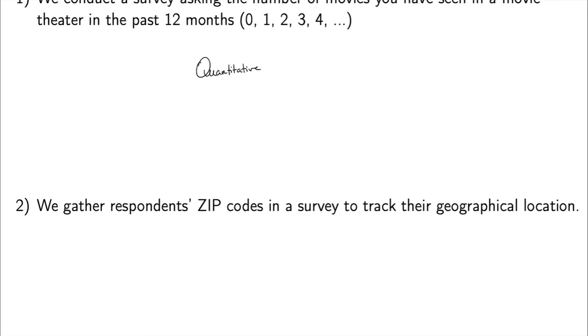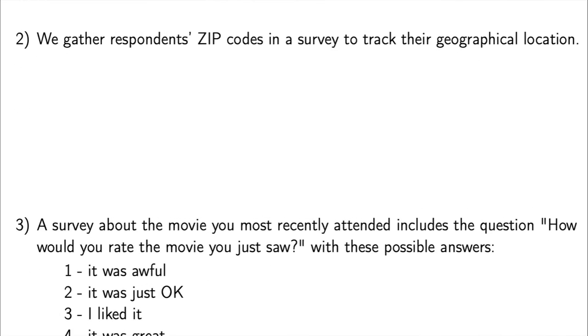Okay, next is gathering respondent zip codes in a survey to track geographical location. Now, a zip code is a number. However, the 5 digits of the zip code are not particularly meaningful. If I take 2 different zip codes and add them, I don't get anything useful. I just get some other random number.